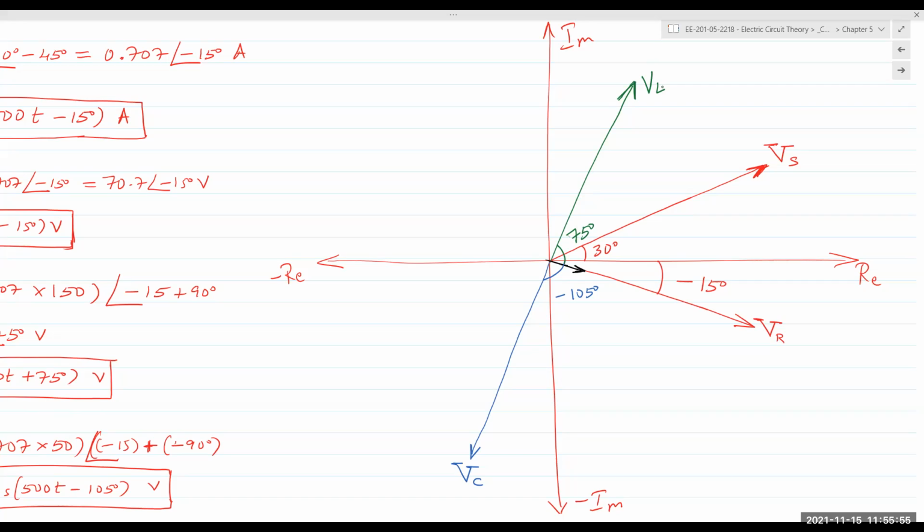If it was a parallel circuit or anything other than series, they would not be sharing the same current, so they would not be 180 degrees out of phase amongst themselves. It would be something different. Does that make sense to everyone?